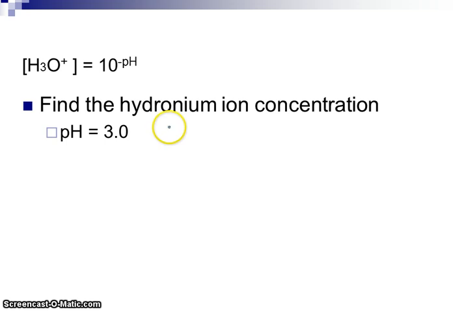So we would take the hydronium ion concentration equals 10 to the negative 3.0, which would give us 1.00 times 10 to the negative 3.